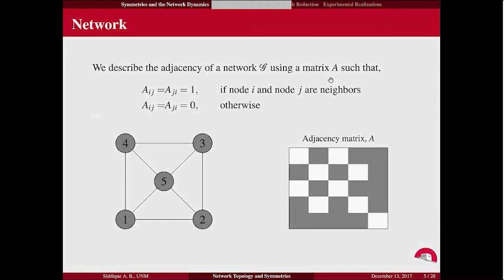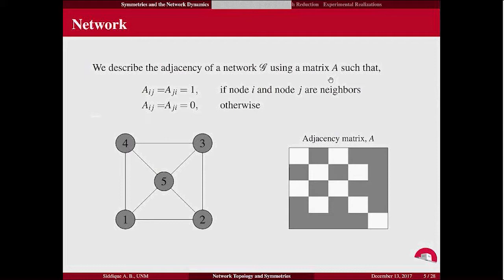Now, what is a network? A network is a set of nodes and edges, and nodes are connected by edges. This network can be represented by an adjacency matrix, and we define its elements such that if nodes i and j are connected, then a_ij equals 1.